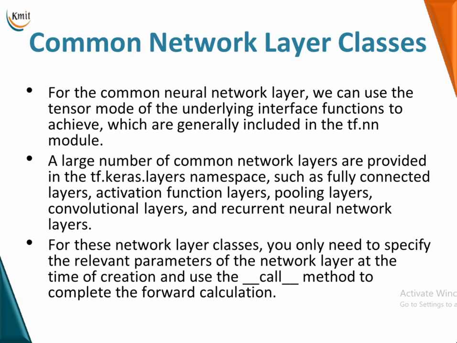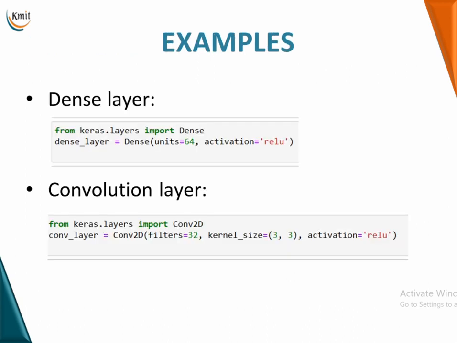You can also have an RNN layer, that is, a recurrent neural network layer. All these things are inbuilt; you just invoke and use them. For all these network layers, you only need to specify the relevant parameters of that layer, and you can use the call method of that layer to complete the forward calculation. You are not writing any algorithm so far for doing all these things. So building a particular model will be much easier and less time consuming with this.